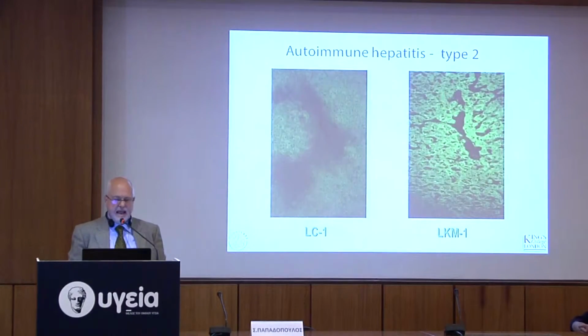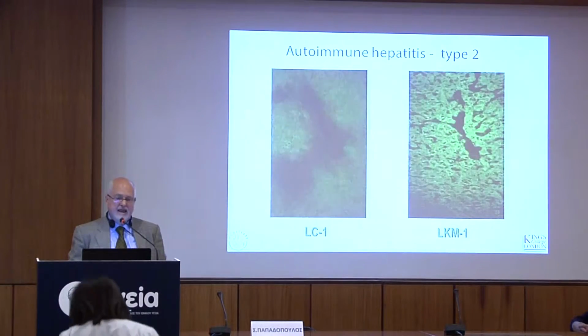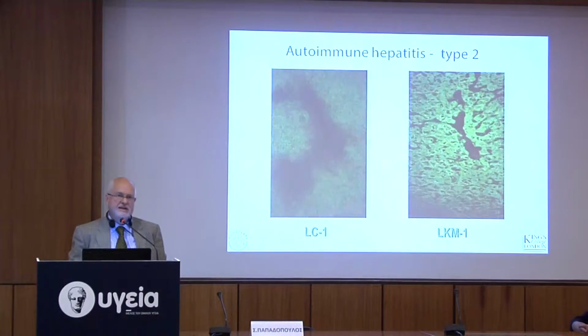Frequently, as I said, LC1 and LKM1 are found together. If they are found together, LC1 is not reported because they stain the same part of the liver and LKM1 is stronger, so LC1 is not seen. If you want to see, you need to use other techniques like immunodiffusion.